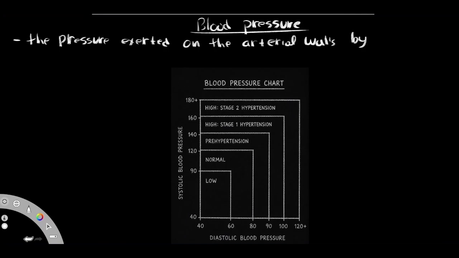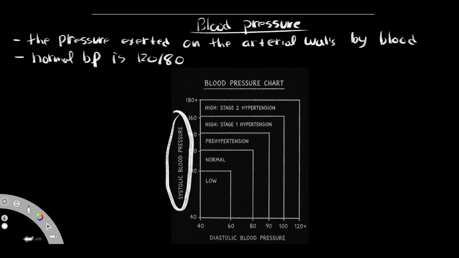By the blood that's circulating. A normal blood pressure is around 120/80. So I'll put BP, all right, for blood pressure. BP is 120/80. All right, 120 is for the systolic blood pressure, so up over here, and 80 is for diastolic.